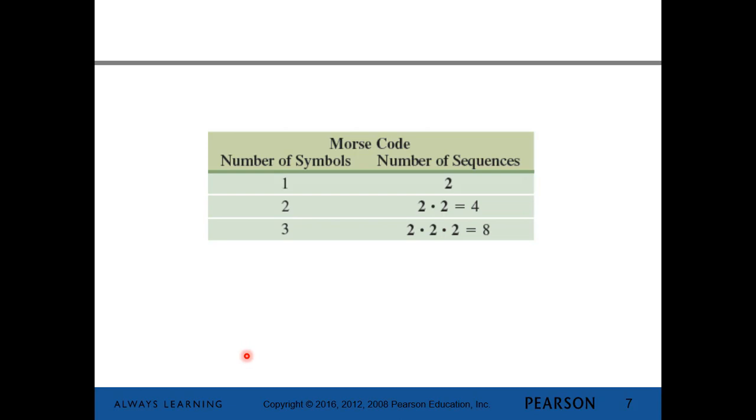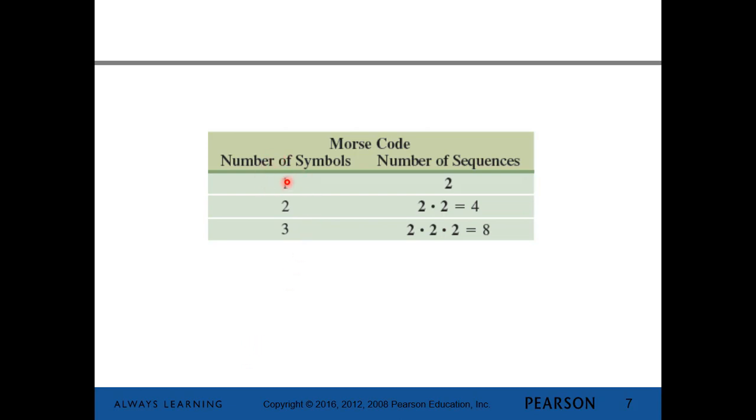So again, the question is, given that we're dealing with Morse code with a series of dots and dashes, how many sequences of dots and dashes are possible with at most 3 symbols? That means we want all possible sequences involving 3, all possible sequences involving 2, and all possible sequences involving 1.